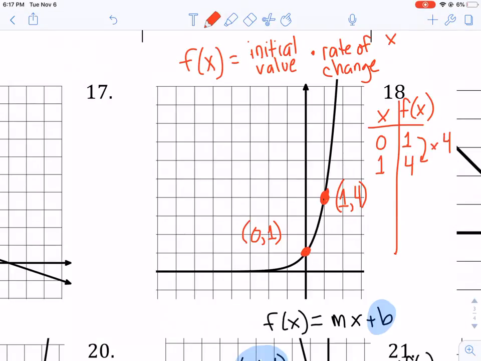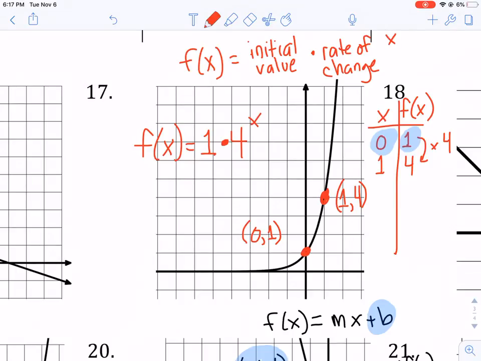So now I'm able to come up with my function. f of x is going to equal my initial value. Always start with that. When my input is 0, my output is 1, so I'm going to represent that with the 1 here. Now my change here is times 4, and my input would be my exponent.